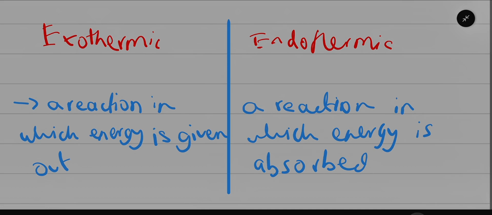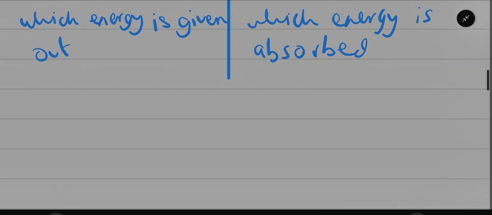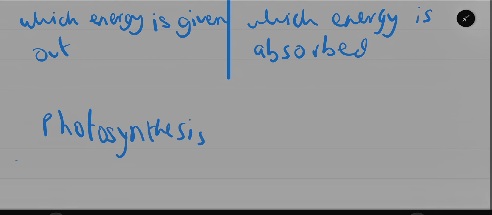Now, as for an endothermic reaction example, we can have a look at photosynthesis. What is photosynthesis? It is basically a process plants do during the day to convert carbon dioxide and water into glucose and oxygen, right?